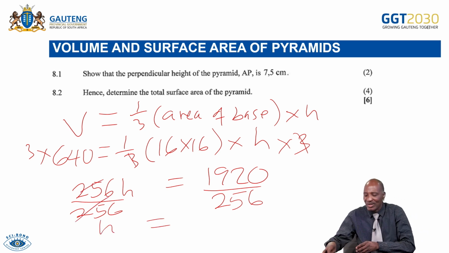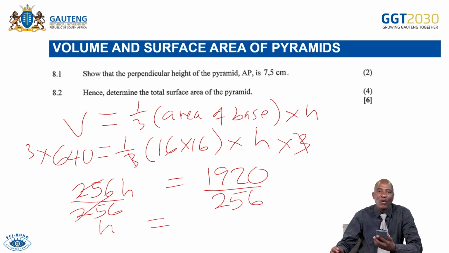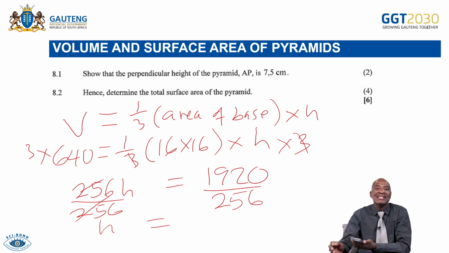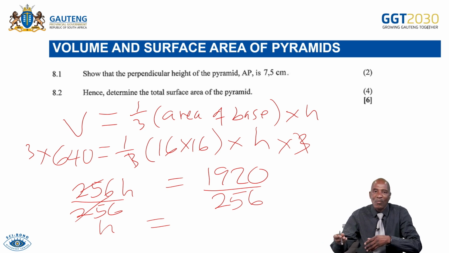Then I take my calculator and divide those two: 1920 divided by 256. It gives me 15/2. Then I press S-D on the calculator to convert it to a decimal. It gives me exactly 7,5.